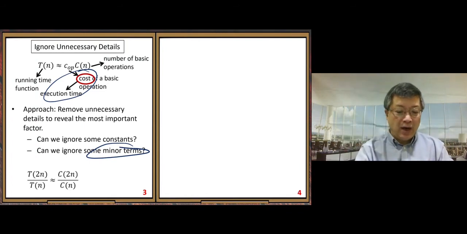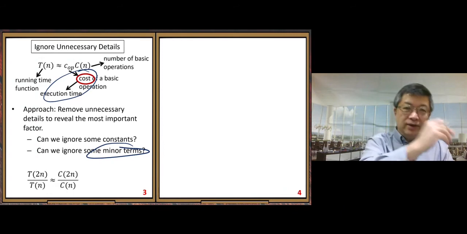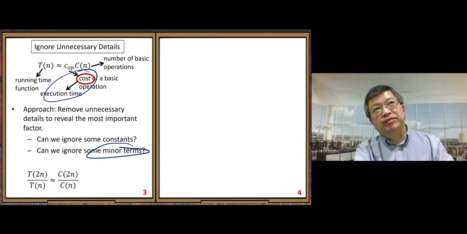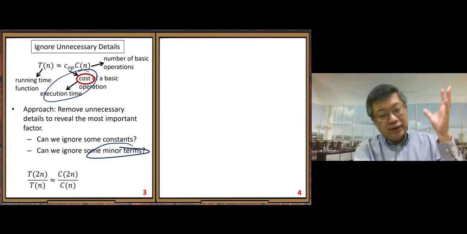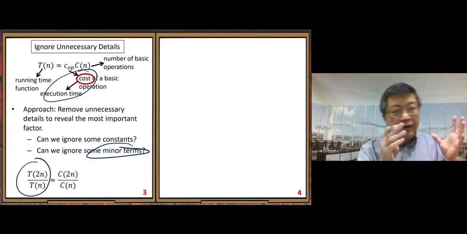All right, so look at this formula: T(2n) over T(n), the ratio.